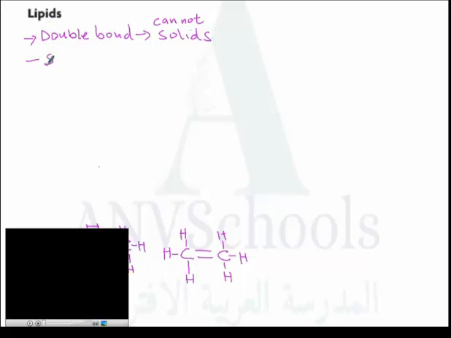Saturated fat is solid. It's normally solid in nature, and we call it saturated because normally all its outer electron bonds are saturated with hydrogen.